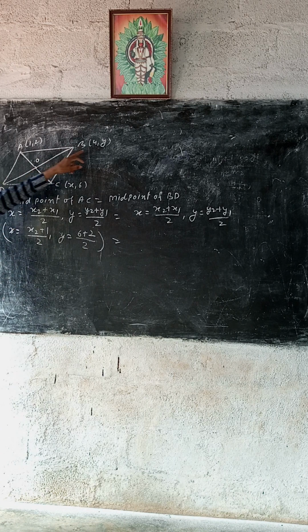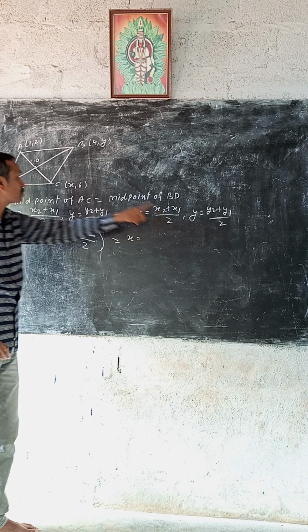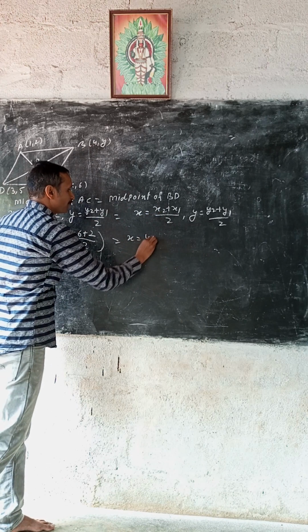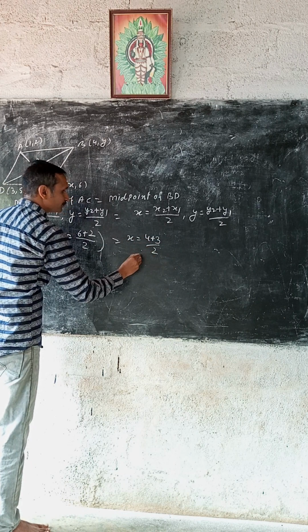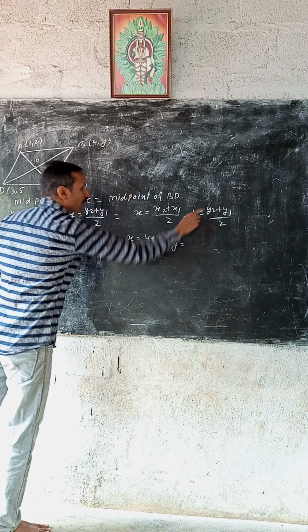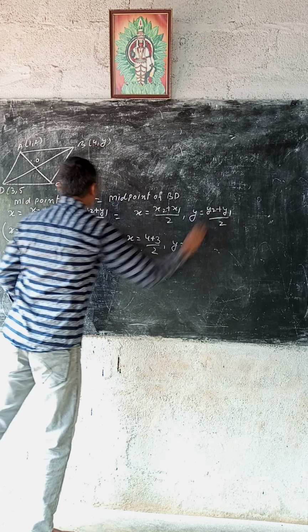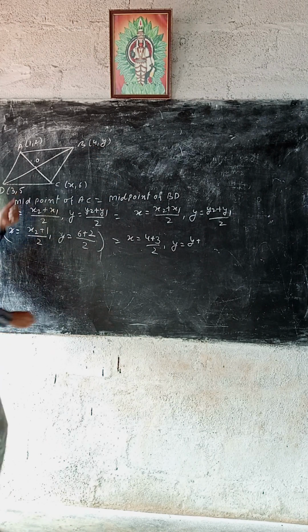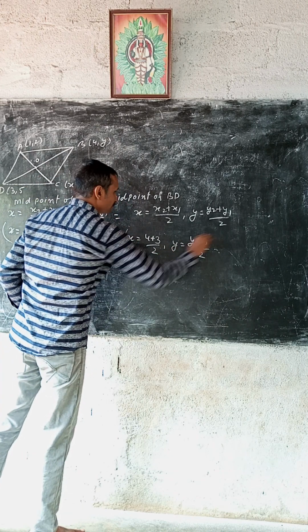Now for the BD point, x is equal to (4 plus 3) by 2, and y is equal to (y plus 5) by 2.